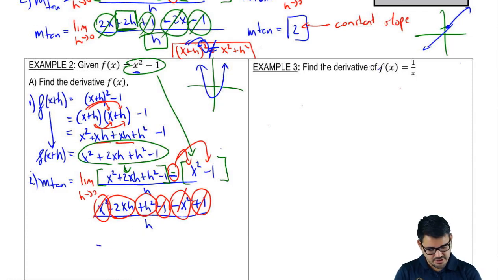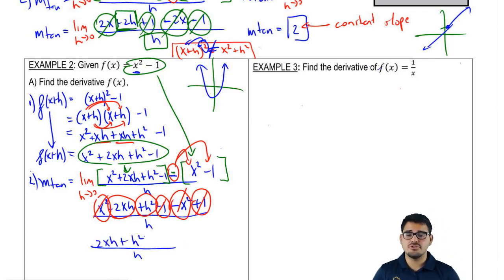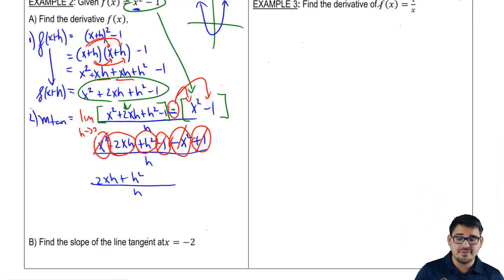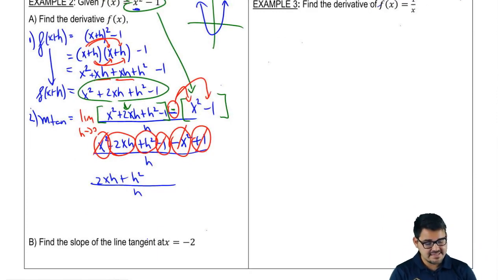So we're going to draw another line, and make myself a little space there. So there we have 2xh plus h squared. Now we're ready to do our h check, which means we check that every term in the top has an h. We check that the first term has an h and the second term has an h.